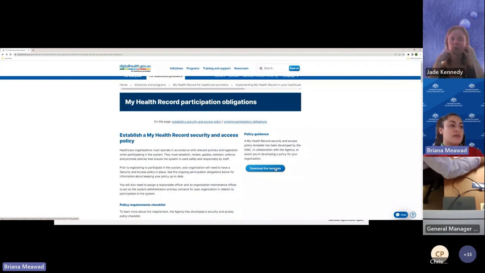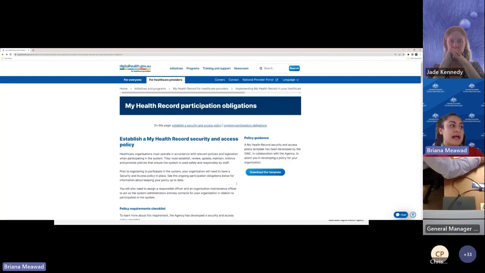So you can click on that, which will take you through to the OAIC website where you can download the template as well. So hopefully this has been useful and pointed you in the right direction if you're going to start with designing a policy or updating a policy.